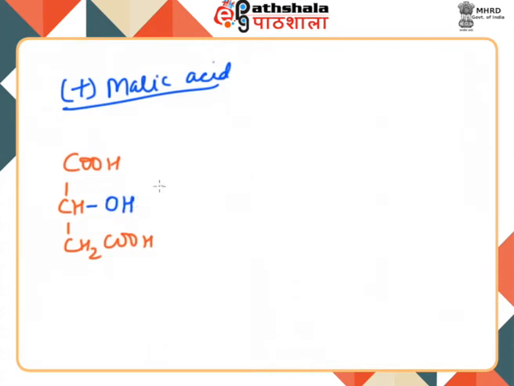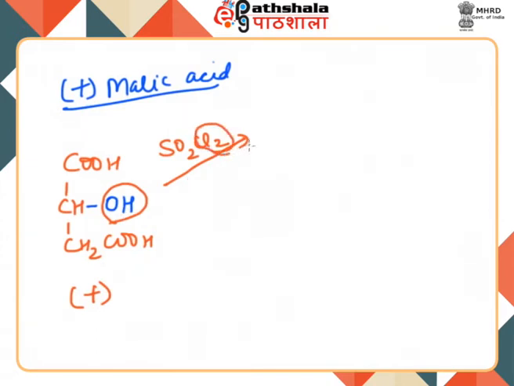And now what we notice is that when this (+) malic acid is treated with SOCl2, this OH gets replaced with Cl, and it happens via retention in configuration, that is from (+) we will be getting (+).